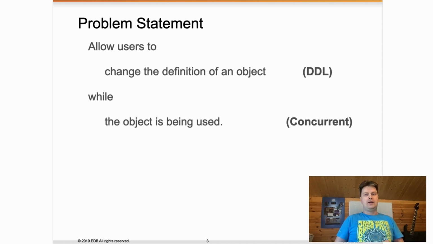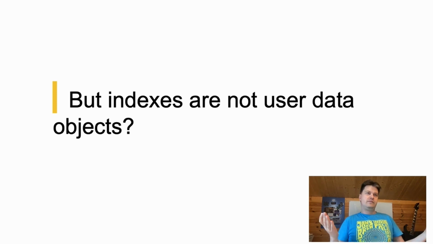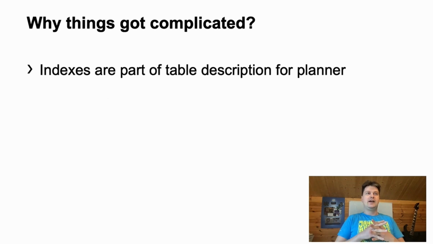And you are not changing an index, you are creating an index. Why is this a problem? Because the index is a part of the table definition, and it must be taken into account by the planner as a part of the table.